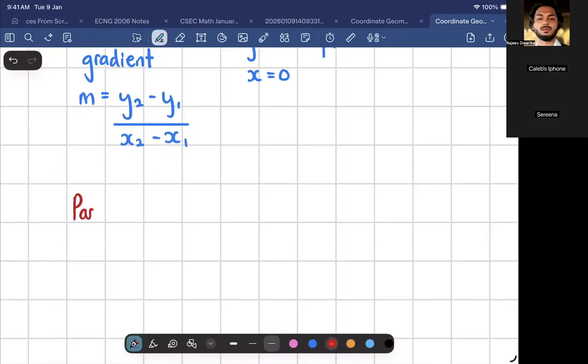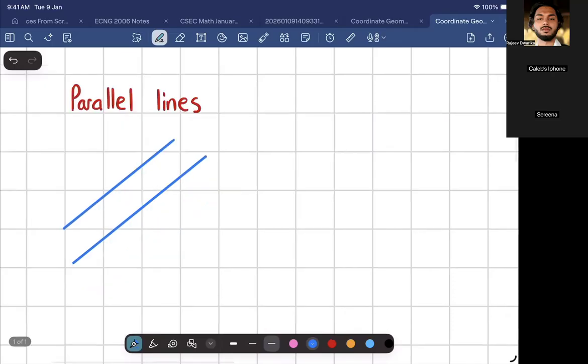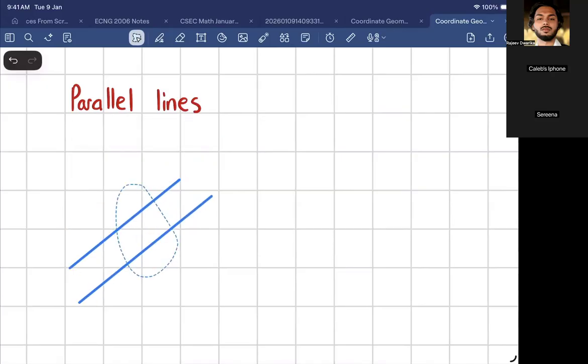Now, if I have two parallel lines, Caleb, what do we know about the gradient of both of the lines? Can we both agree that parallel lines travel in the same direction? They just don't touch each other.